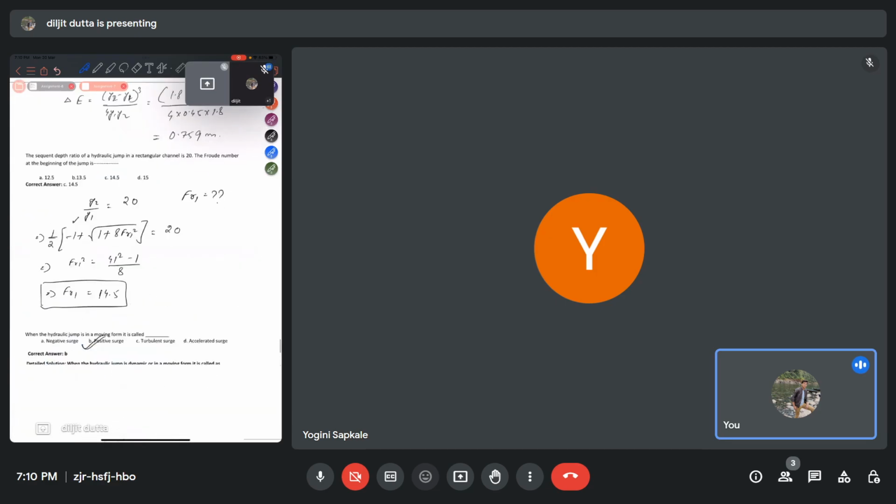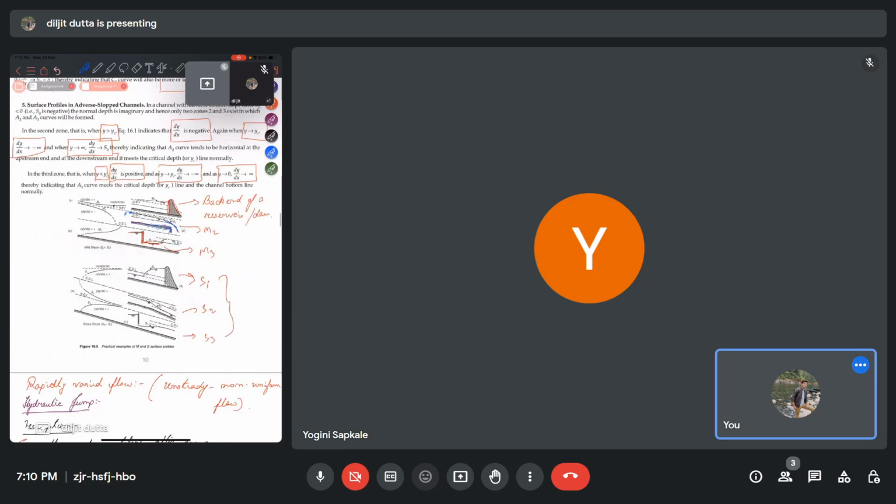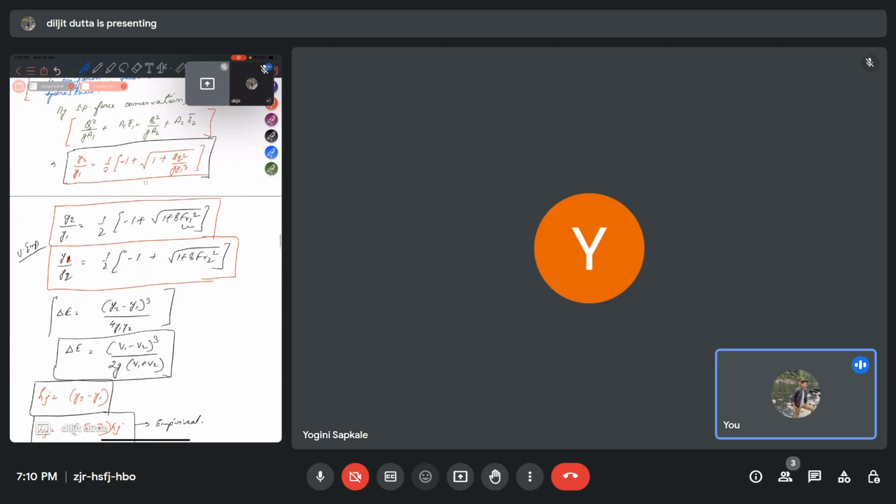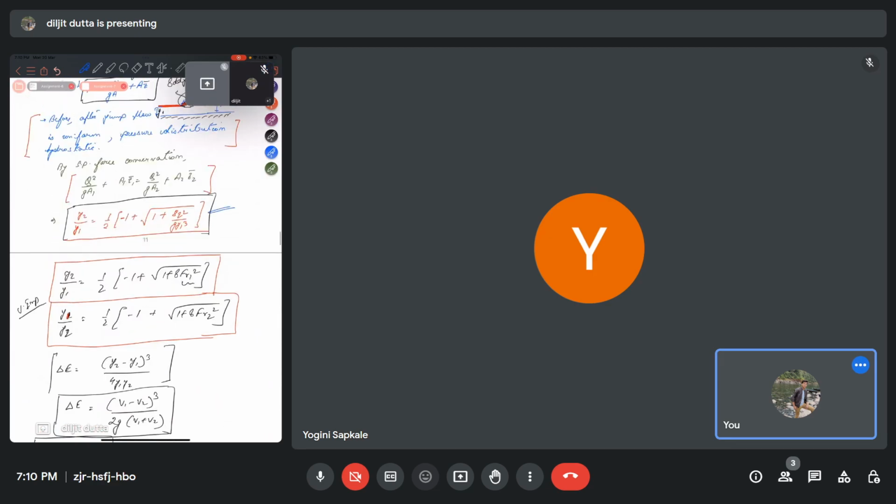This formula we have seen before. Yes, this is the formula: half of minus 1 plus under root 1 plus 8 q square by g y1 cube.